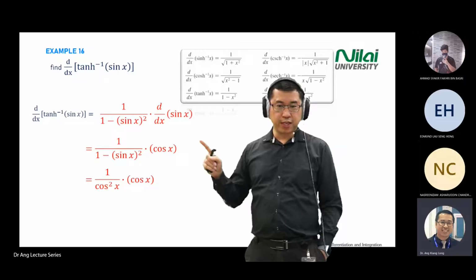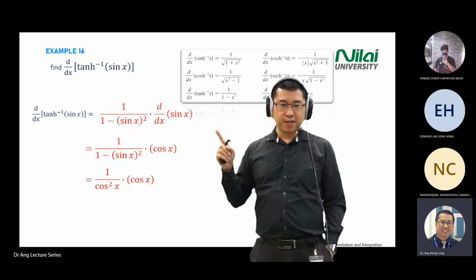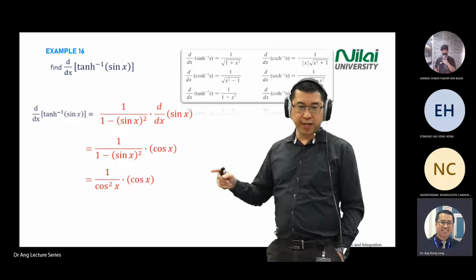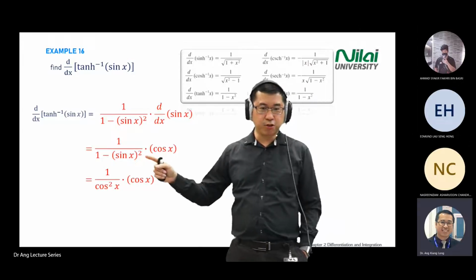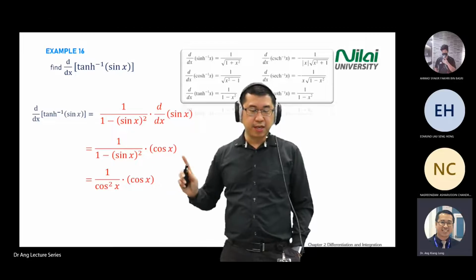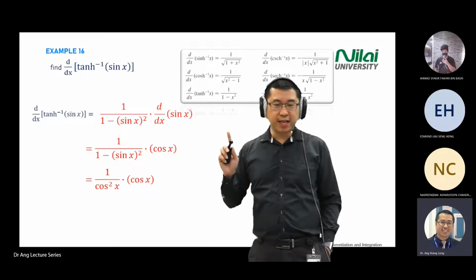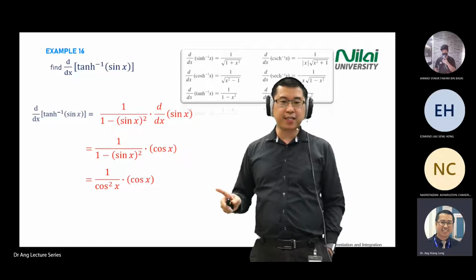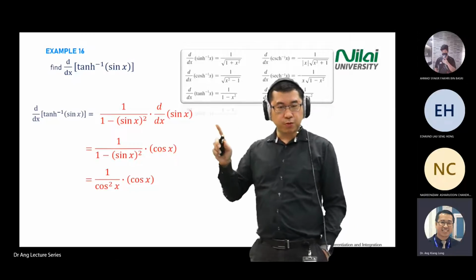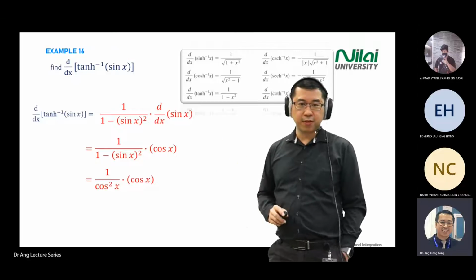Put a note in your personal alarm or personal notebook. Your homework today: go and find the trigonometry identity chart. It's available in the advanced mathematics textbook inside the appendix, or the calculus textbook inside the appendix also.